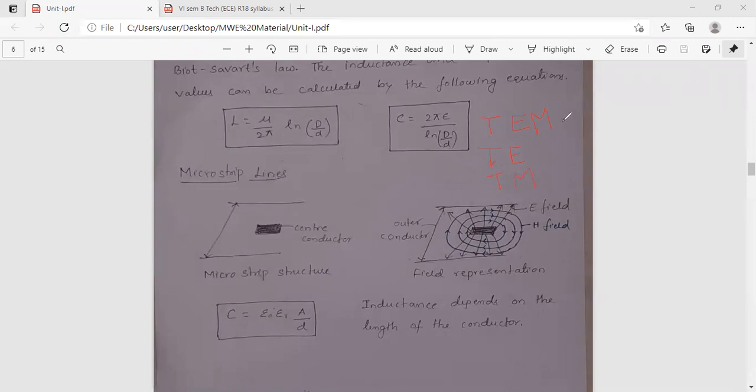So we normally have these three modes, and we will discuss in detail the few expressions we have: what are the transverse electric waves which are generated, the small derivation, the theoretical concept. We have Ex, Ey, Ez, similarly Hx, Hy and Hz. We will discuss the equations with respect to these two modes in the next class.